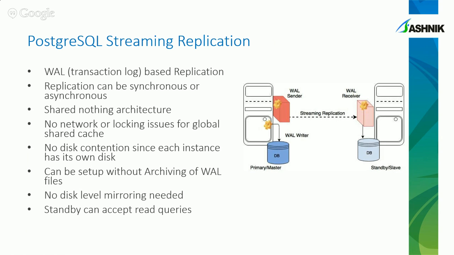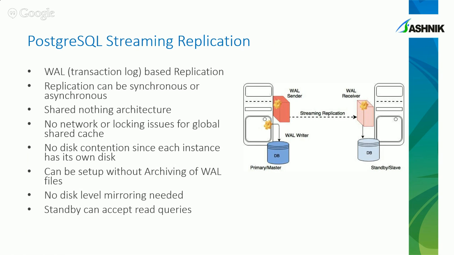A very basic setup, like what I discussed on the previous slide, is streaming replication, in which case there is no shared disk. It is shared nothing. You have got two servers. Each has got their own database and database files. There is a WAL writer process which writes the WAL data to the disk, and there is a WAL sender which sends the WAL records, or each change operation, to the standby server.